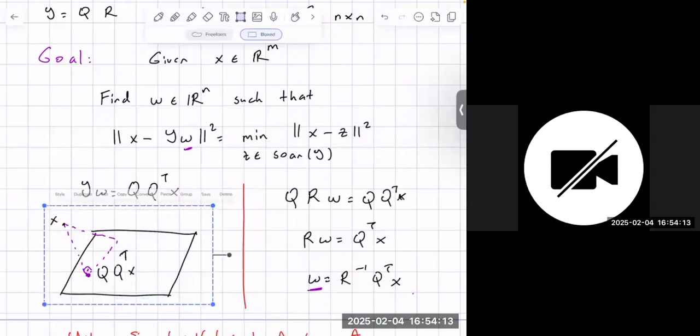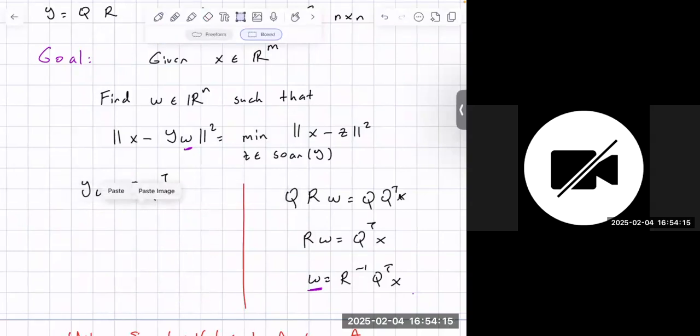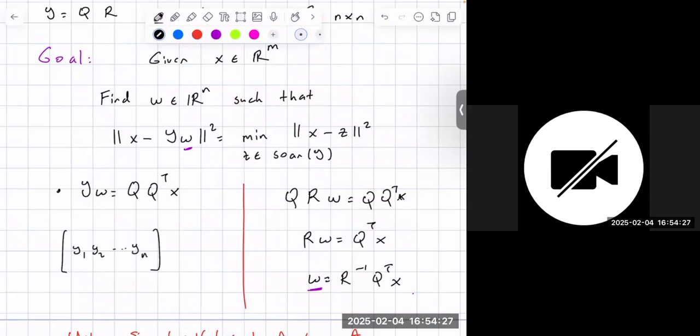Okay, so that weight vector, the way people would think about it. As I said, Y times the weight is nothing but the projection. So this is what it is, okay? But when they see the weight, it's easier to understand for them. Let's say this is my Y. Y was m by n. And here's my weight. And now this is my proxy, this is my Y times v.